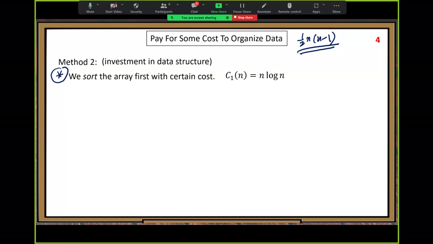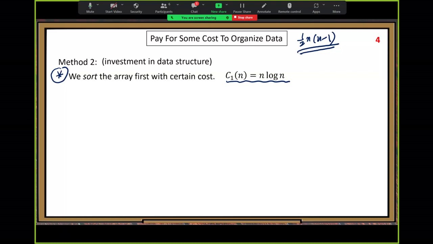So here, the one I select is one of the better algorithms we will learn in our later classes. But here I just use the result.